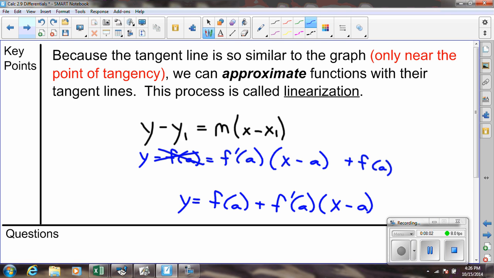This bottom equation is a function. It is the linearization of x. But it's not just the linearization of x, it's the linearization of x at x equals a.